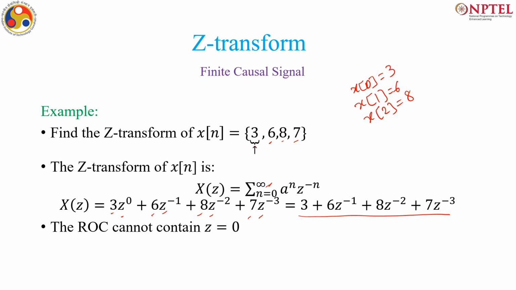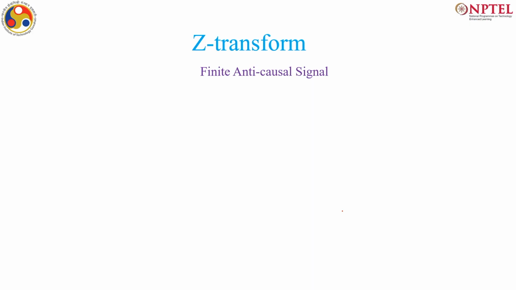Here we clearly see that this is a polynomial in z inverse. So, if I get a value of 0 for z, then that z inverse term becomes infinite or undefined, and the transform will not exist. So, the ROC cannot contain z equals 0, which is defining my first concept. Similarly, we can define it for the finite anti-causal signal, and this is the example.